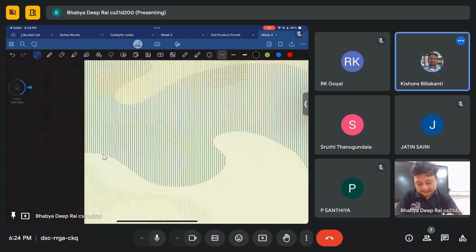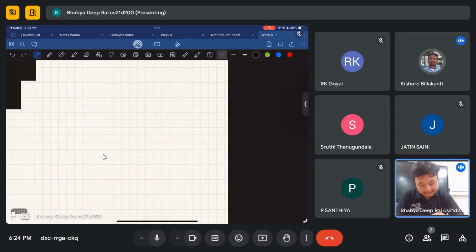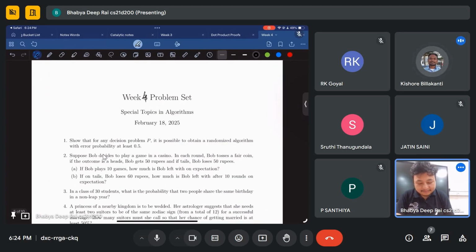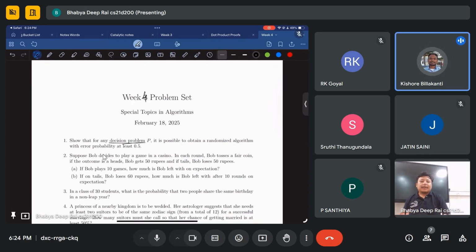Oh, the question said decision problem, right? Okay. So what we are discussing is the right way, but just in case the problem is other than a decision problem, do we also consider the same algorithms or some other way we have to do?